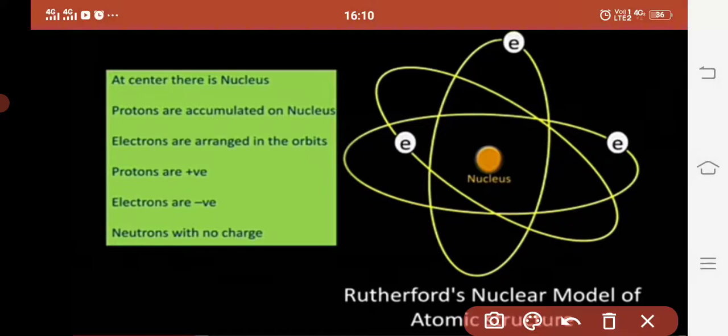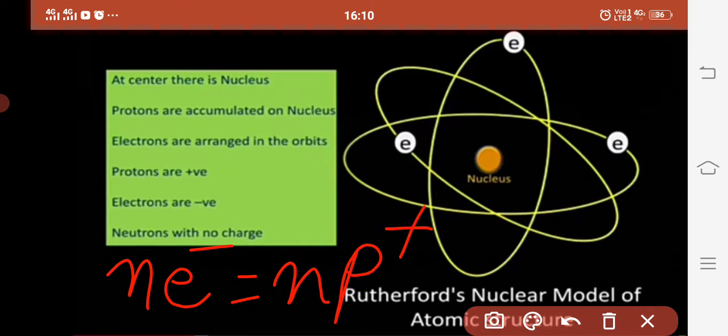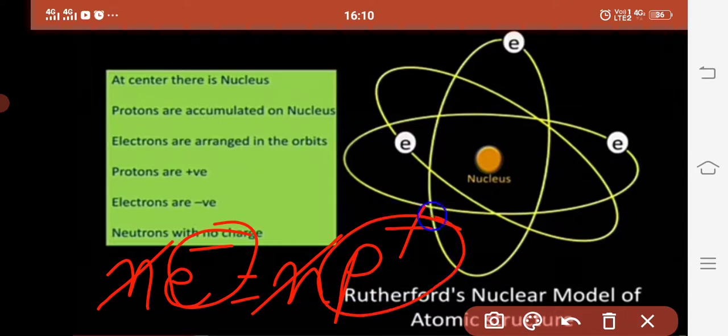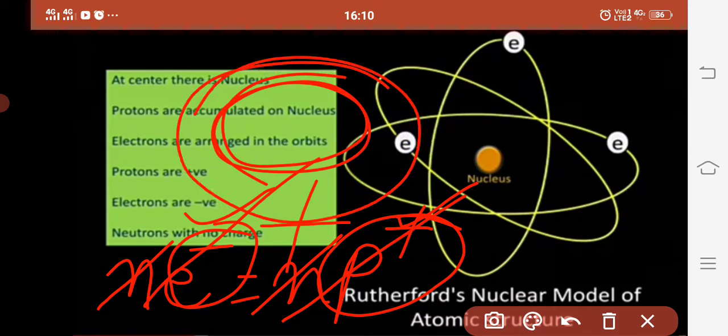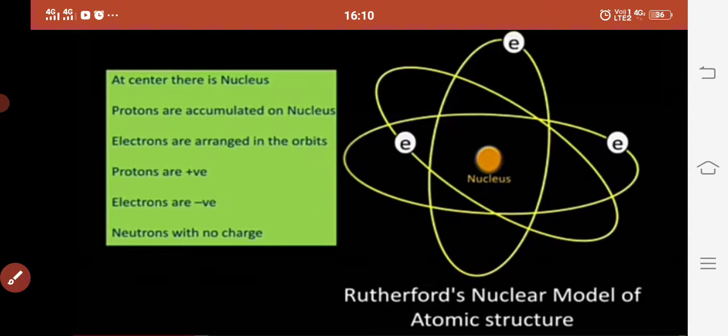That means in every atom the number of electrons is equal to the number of protons. So they cancel out, and since they have different signs, if you add them together they cancel each other and we get 0 as the result. Thus the overall charge on the atom is neutral. That means the atom is electrically neutral because the number of protons equals the number of electrons.